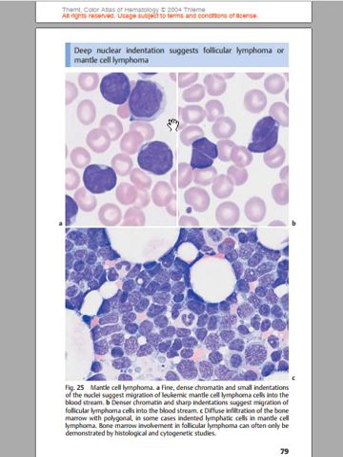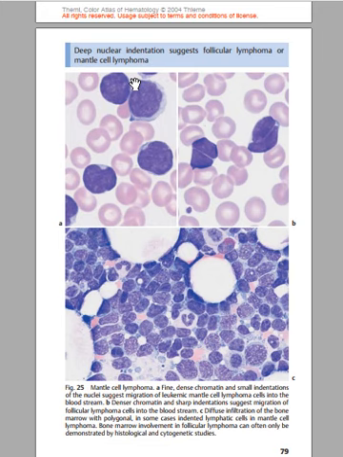Is it clear? So the cells in mantle cell lymphomas have a dense nucleus, and they have one small indentation here. You think of mantle cells, which are derived from the mantle zone.